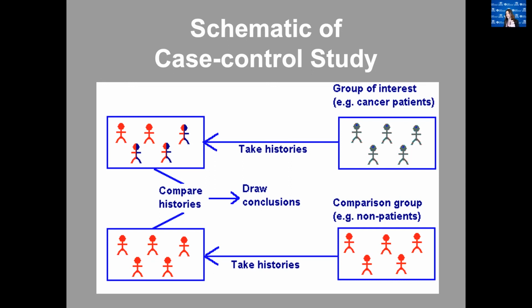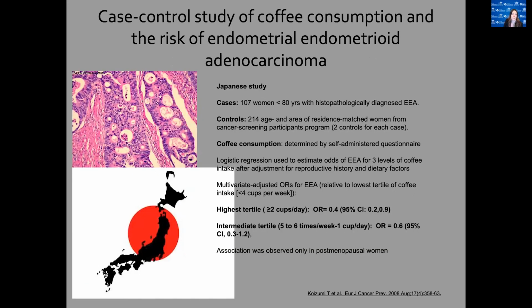So each case is matched up with a control. And so after we have those two groups of people identified, then we take histories on everyone, ask them about exposures that they had in the past, and then we draw our conclusions about whether or not there are associations between the exposures and the disease outcomes.